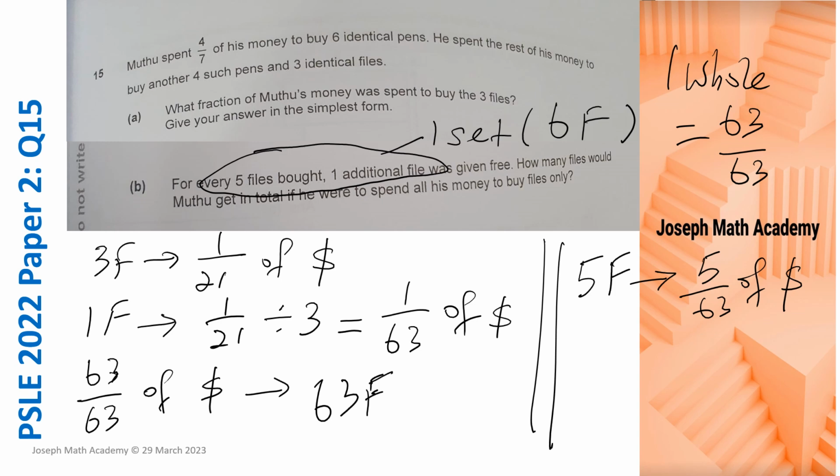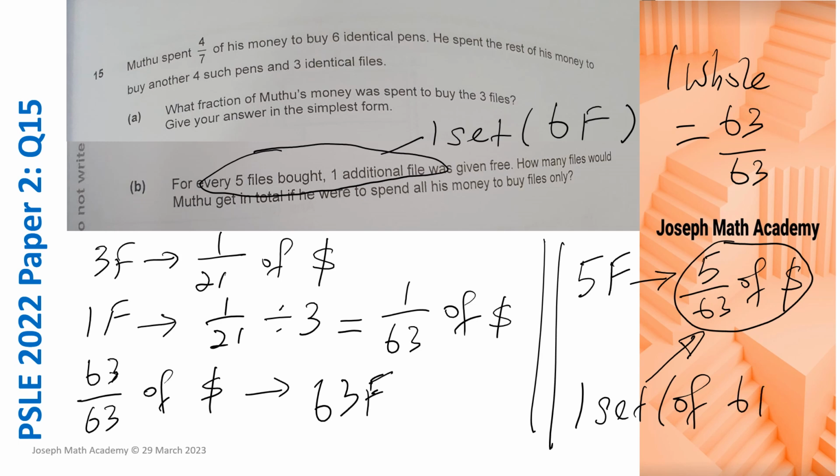So that means Muthu can get 6 files by paying only this. So one set of 6 files, he only needs to pay 5 out of 63 of his money. Moving on to the next slide.